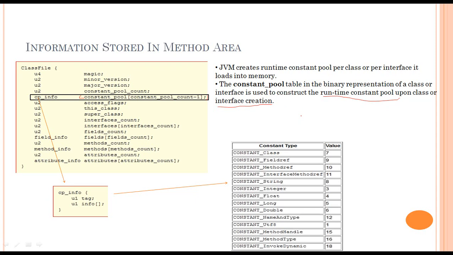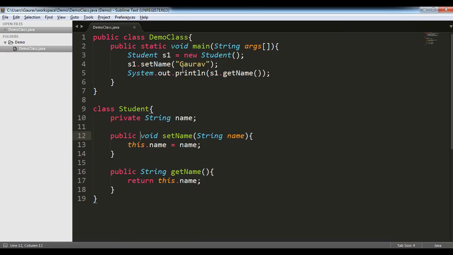So let's see an example of a class, the class file, and the information that is generated as part of that class file. I have created a class, Demo class, which contains the static void main method. In this method, it creates an object of the Student class, and the Student class is created just below it, which contains a private member name and a setter and getter for that field.